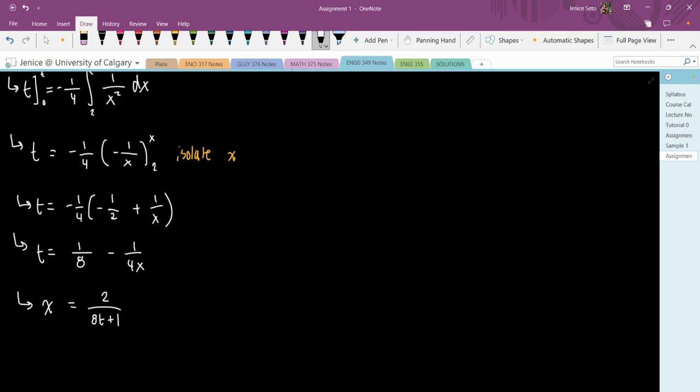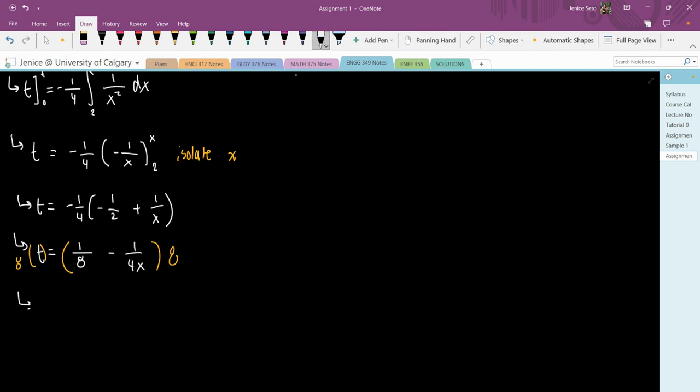All right, so actually I am going to go through how to get there, just for my sake. Okay, so let's get rid of the 8 by multiplying both sides by 8.